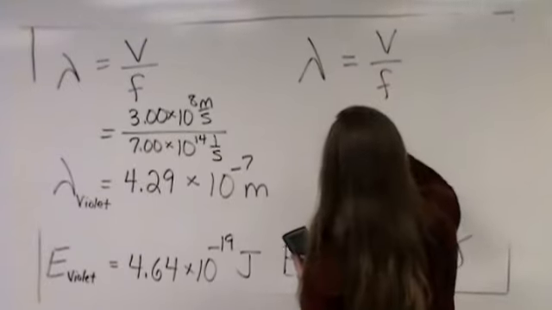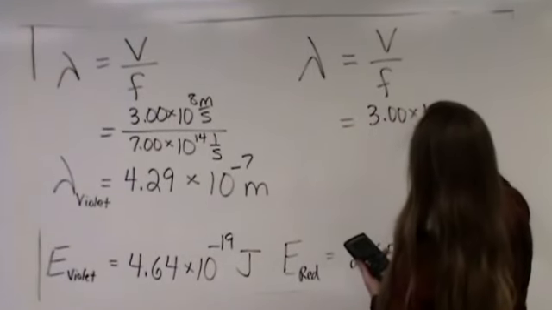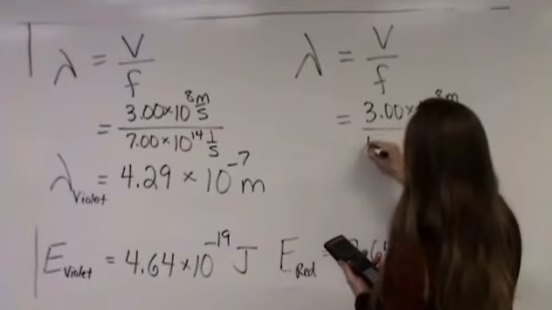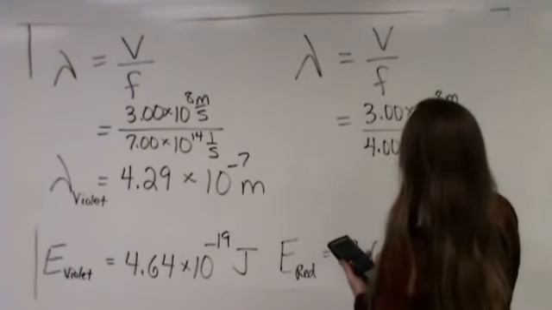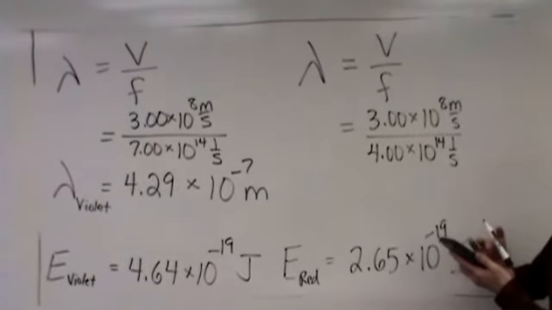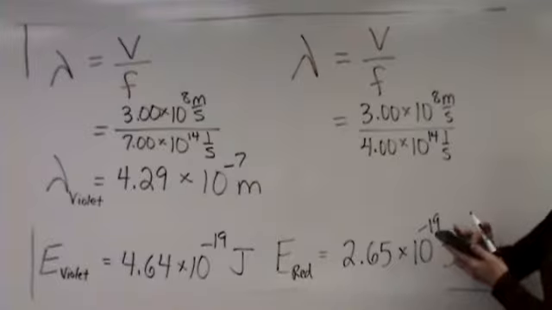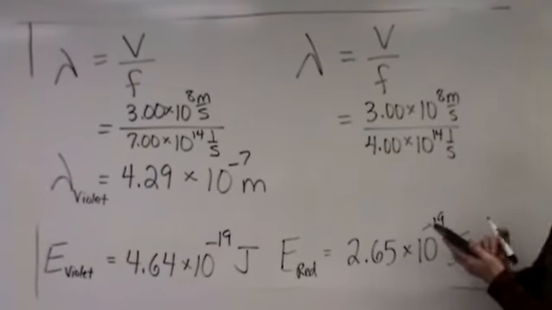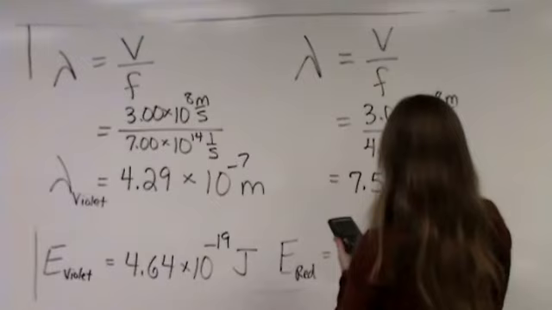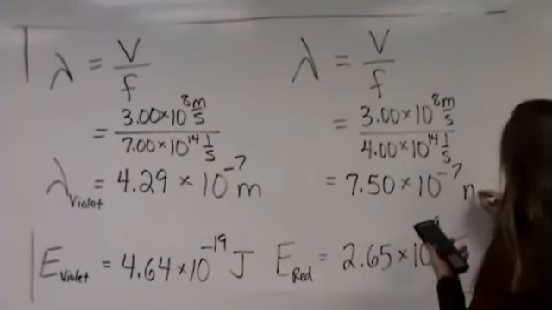A wavelength for red light: 3 times 10 to the 8th meters per second, divided by 4 times 10 to the 14th, 1 over seconds. 3 E8 divided by 4 E14 equals 7.50 times 10 to the negative 7 meters.